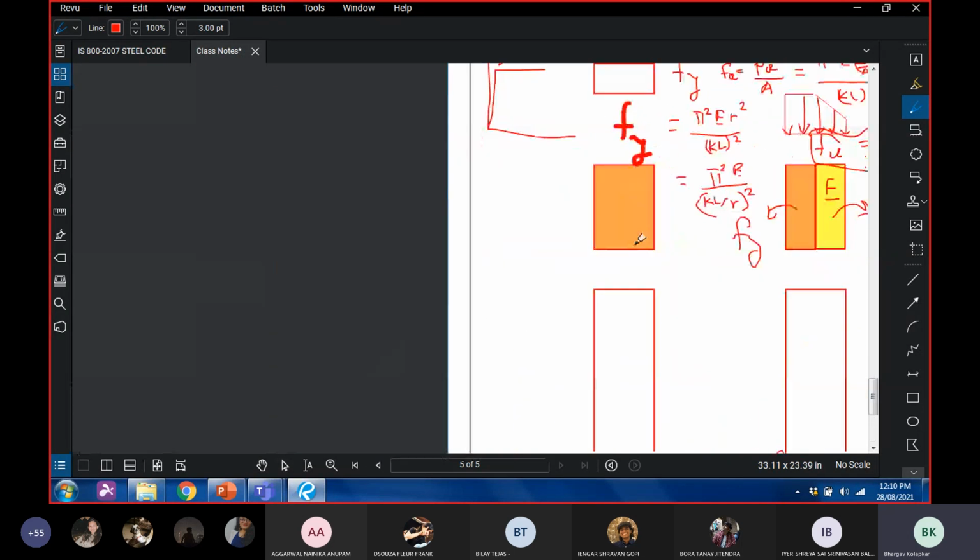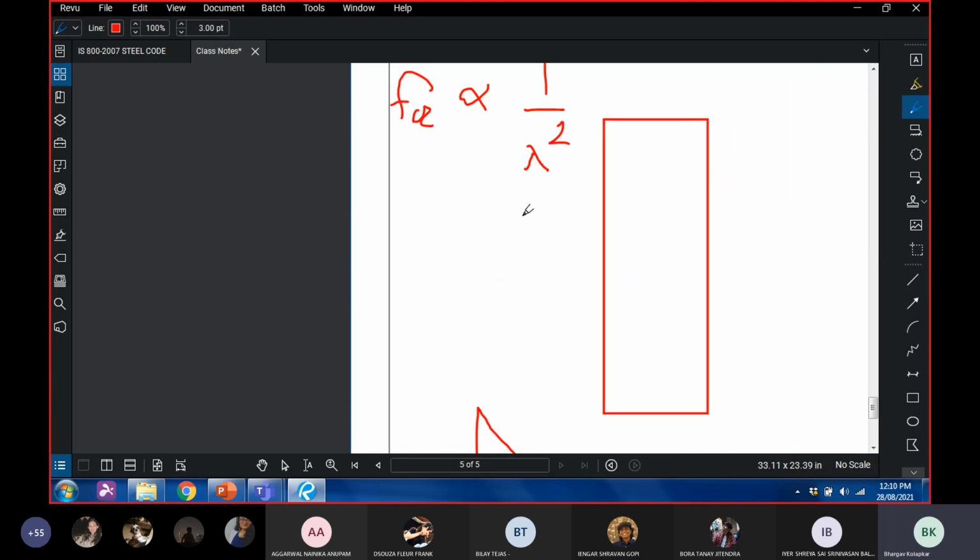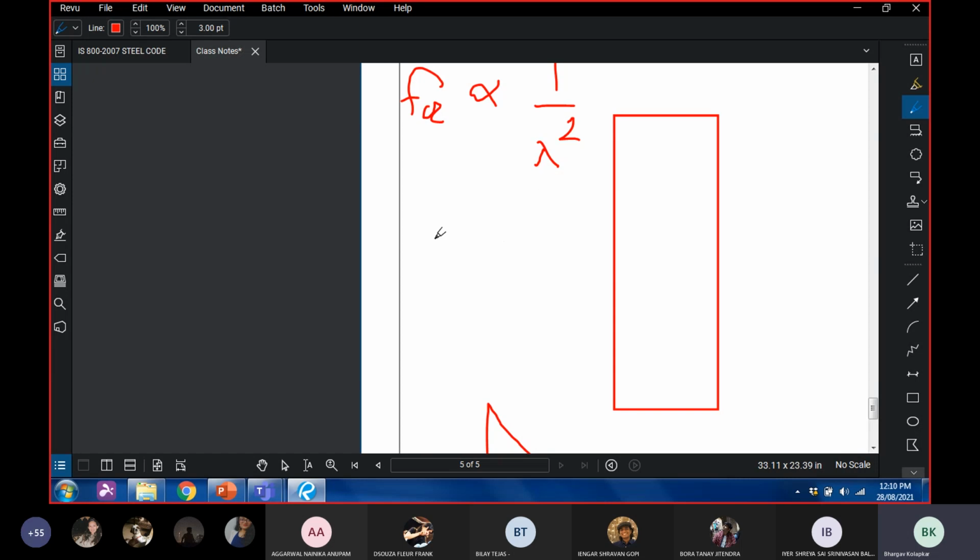So from this formula, we can say that FCR is inversely proportional to lambda square, right? So let us try to plot a graph for this. If I plot FCR on the y-axis and lambda on the x-axis, my graph will look something like this.